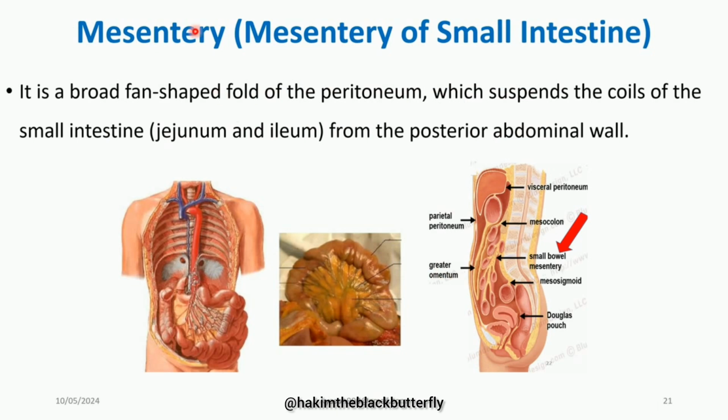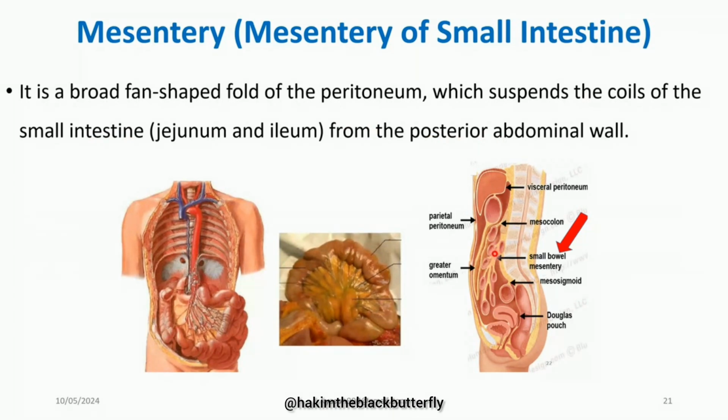Next, let's talk about the mesentery. The mesentery is a term given to that peritoneal fold or peritoneal extension that helps in suspending the coils of the small intestines from the posterior abdominal wall.